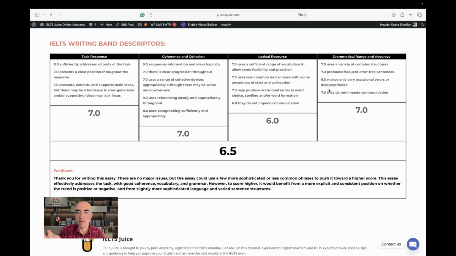Grammar, I like the grammar, the range, very good control over the sentences. I'm happy, especially with some of the advanced grammatical structures that I saw. This is bordering 7, really bordering 7, but task response and vocabulary, they're the areas that we need to improve.